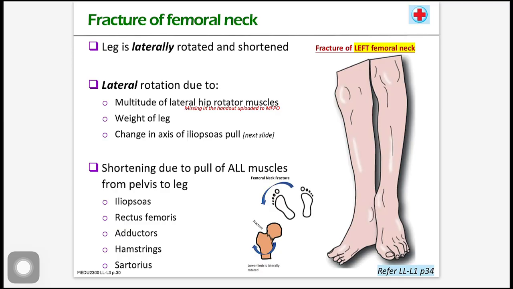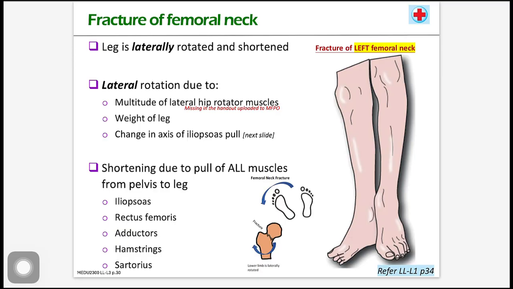But now, if we really have the fracture, how does it look? Think about it. If later on you are a first aider or an A&E doctor, you come to the site and examine a patient lying right in front of you, and you notice some abnormalities of the lower limbs, of the legs. This is a common one. If you see someone with a fracture of the femoral neck, how does it look?